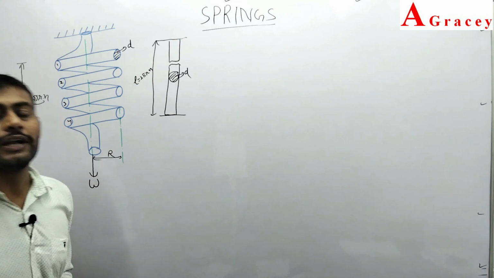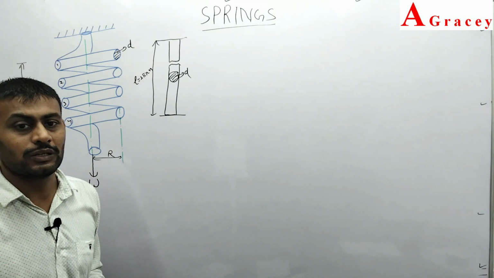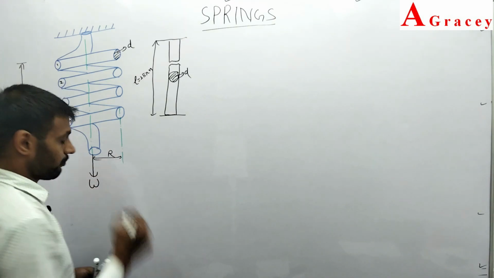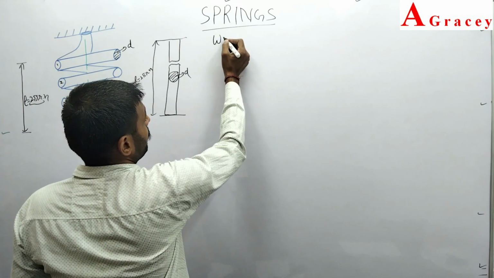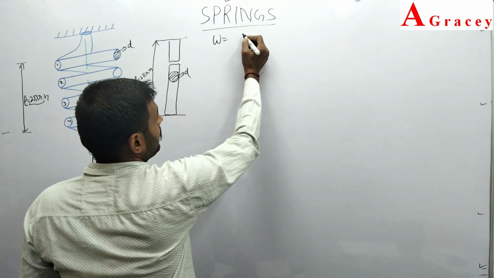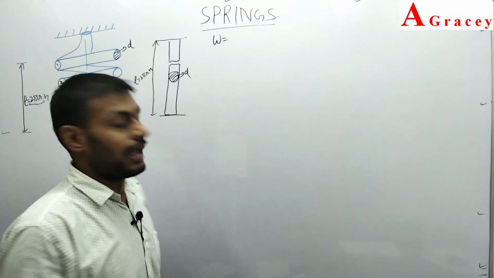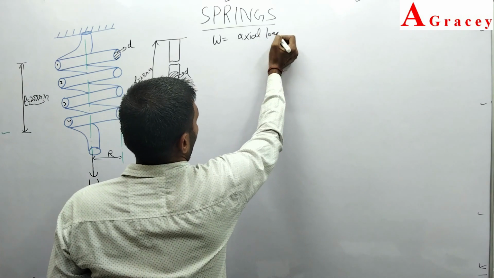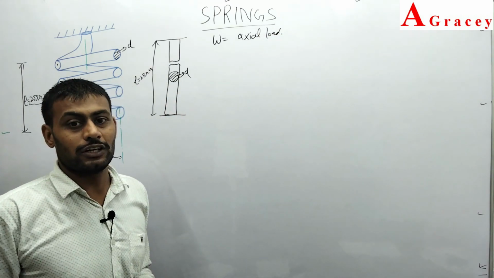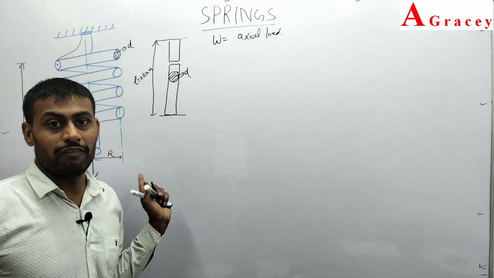This d is the diameter. Is it clear? I am representing the notations here, where W is the axial load, the axial load acting on the spring. Is it clear? And what is R?